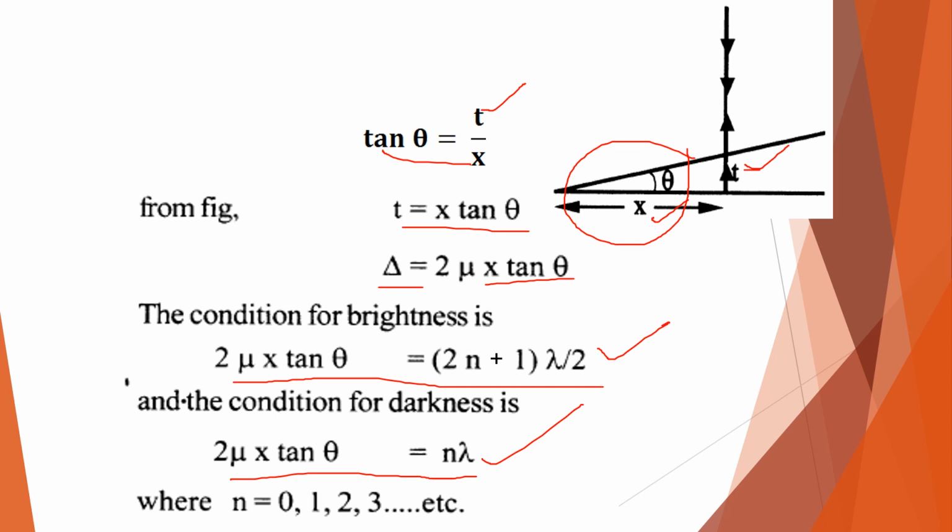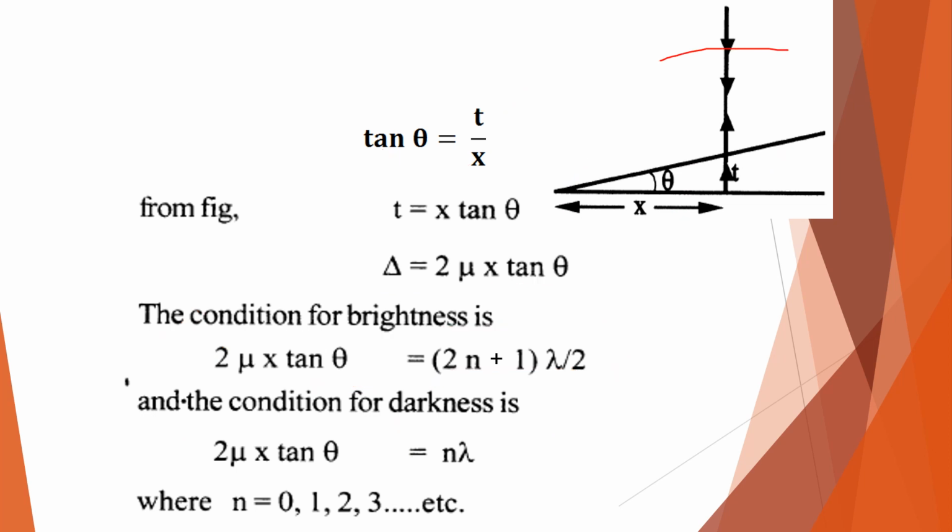Most often, students won't write this equation because we are going to derive the expression for bandwidth, which we can do using either the condition for darkness or brightness. Since we proceed using one equation, they often forget to write the condition for brightness, and thereby they lose marks. So please remember to write both these equations.